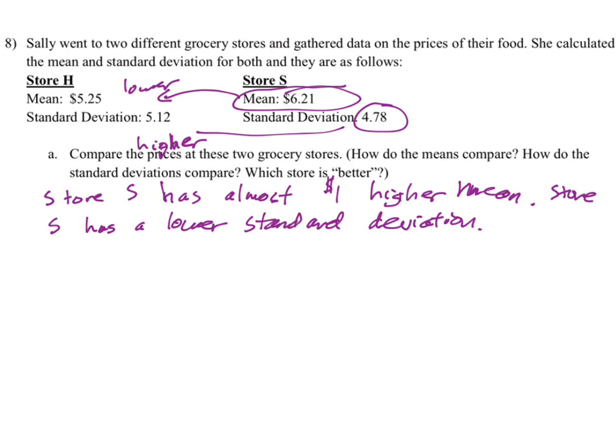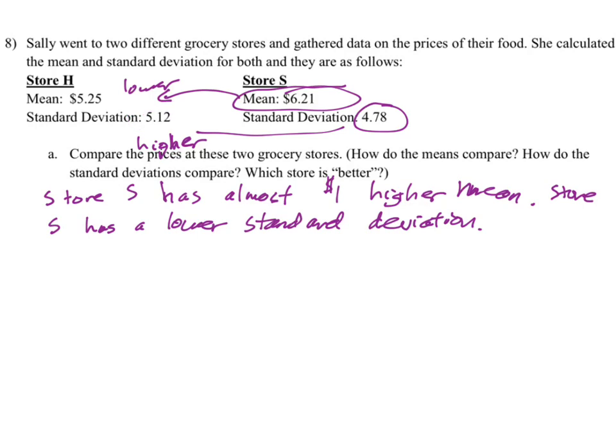But the standard deviation being higher lets you know that the prices are more spread out, meaning that store H, while in general the prices might be lower, some of the things just might be more expensive than in store S. So if they have the exact same products, this one might have cheaper cereal, but it might have more expensive produce, things like that.